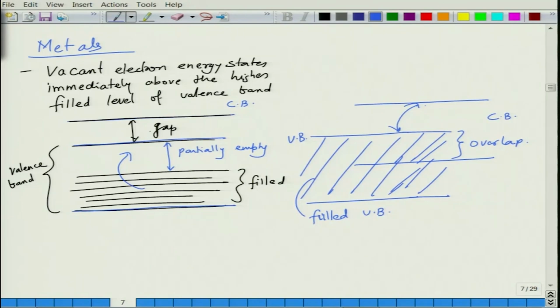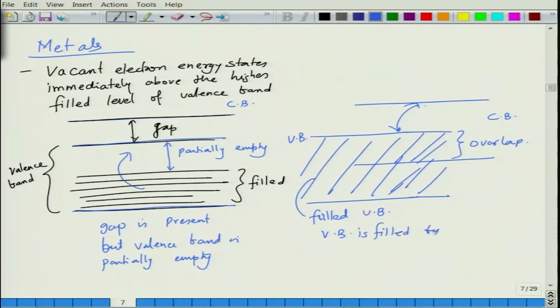So here a gap is present, but the valence band is partially empty, so states are available for conduction. Here the valence band is filled, but it overlaps with the conduction band.